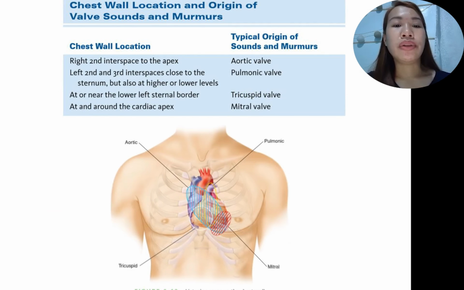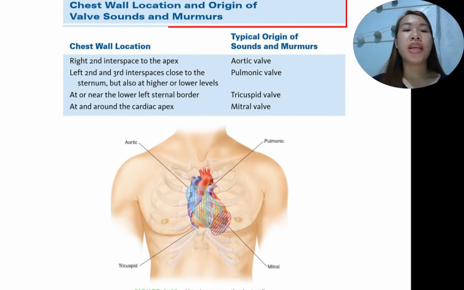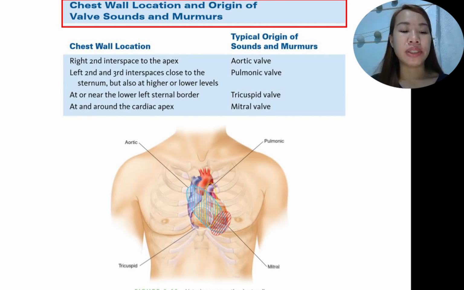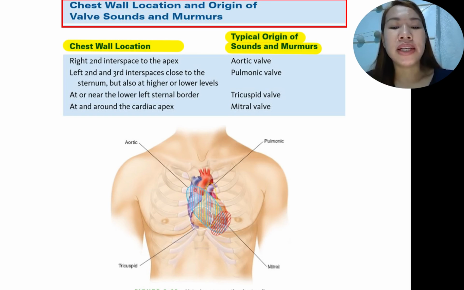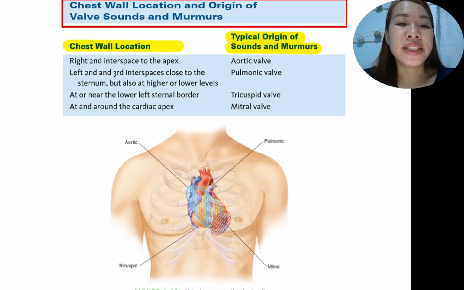Now, what we need to understand is the chest wall location and origin of the valve sounds and murmurs. So we have to know the origin of the valve sounds and the murmurs. Take note, aging may affect the chest location, but this picture is very important as it shows us the different chest wall locations. Now, let's talk about the aortic valve first.